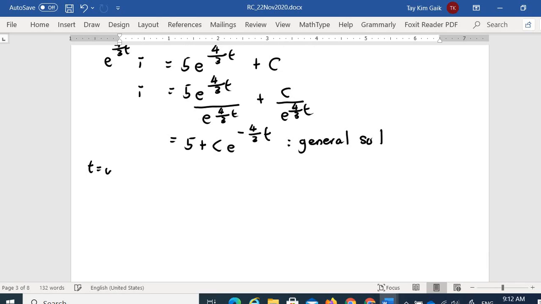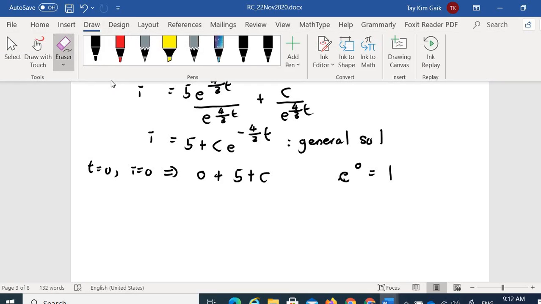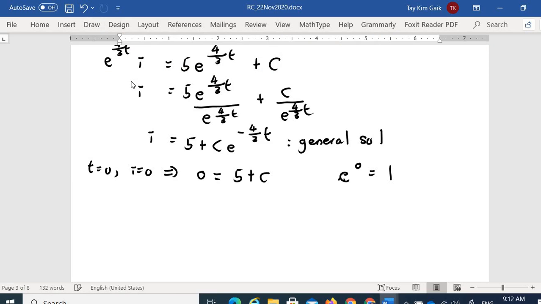So at t equal to 0, we have i equal to 0. Hence i of 0 equals 5 plus c, because exponent 0 equals 1. So 0 equals 5 plus c, so c equals negative 5.